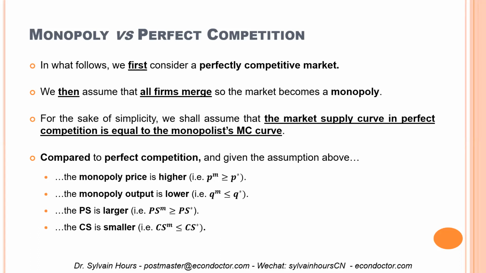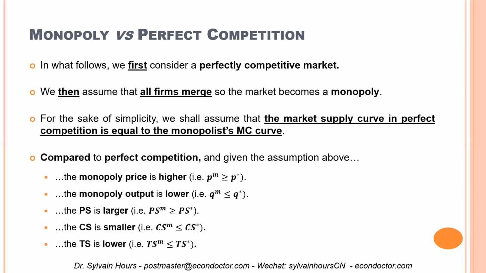And then we can compare the initial situation and the final situation. The initial situation is when we had this perfectly competitive market, and the final situation is when we had this monopolistic market. We can compare the equilibrium price, the equilibrium quantity, the consumer surplus, the producer surplus, the total surplus, and so on.